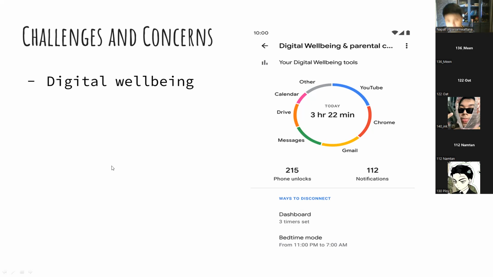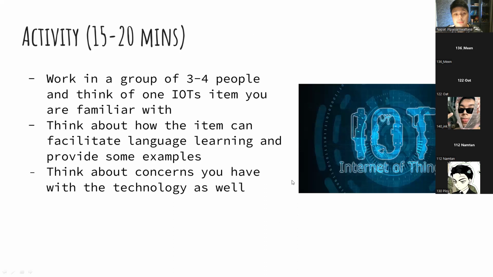What I am going to do right now is ask you to work in groups of 3 or 4 people and think of one IoT item you are familiar with. Since you're working in a group of 3 to 4 people, you may think of perhaps 2 items, right?